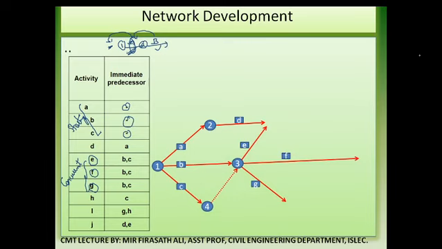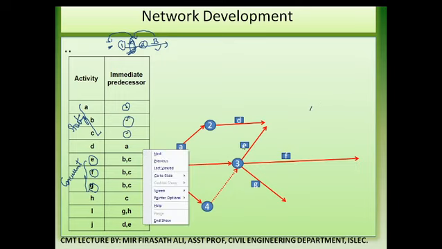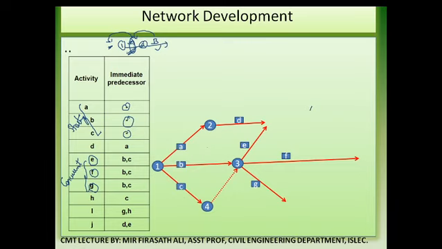See, we have inserted one dummy to get event 3. From event 3 the activities emerging are E, F, G. 3 activities have emerged.